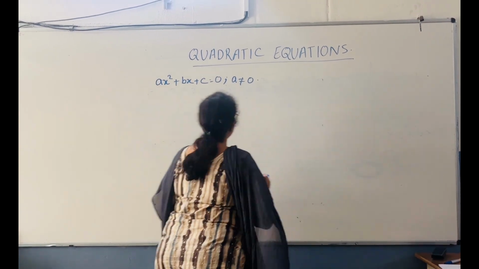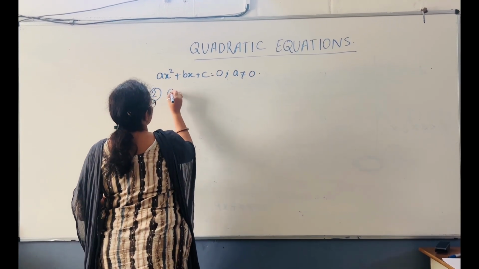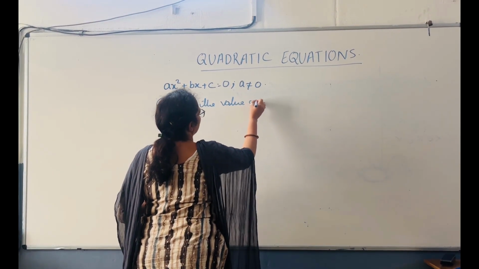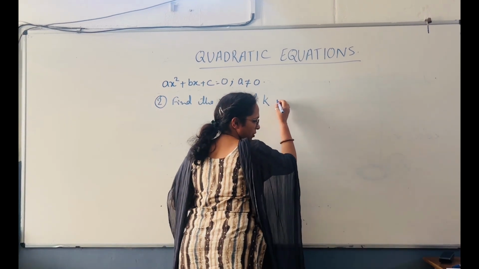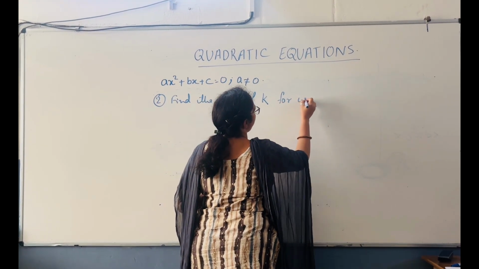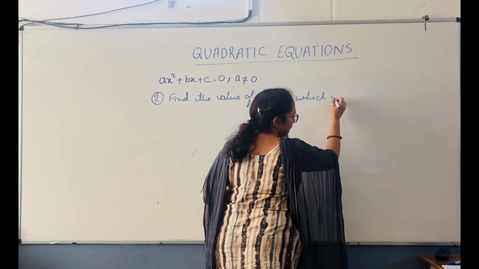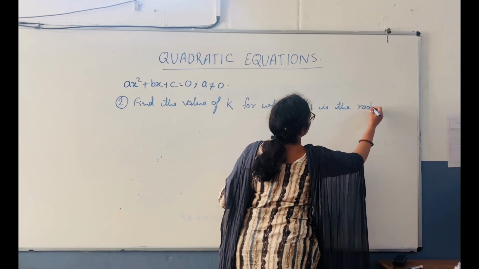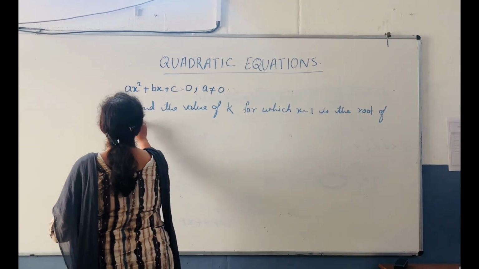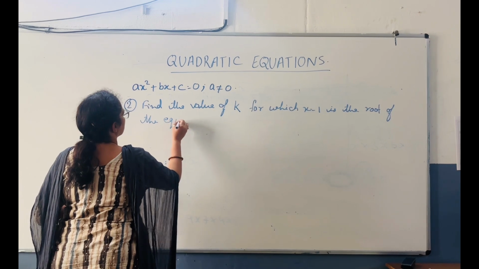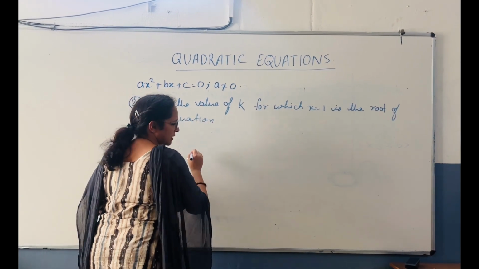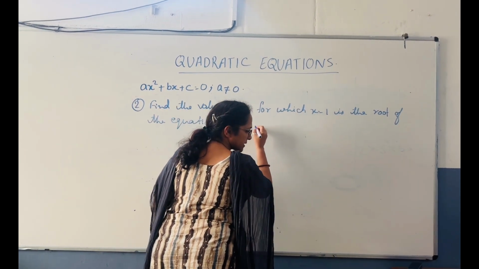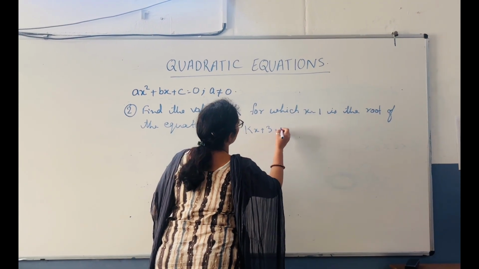The second type of question which we can take is, find the value of k for which x is equal to 1 is the root of the equation, and the equation is x square plus kx plus 3 is equal to 0.